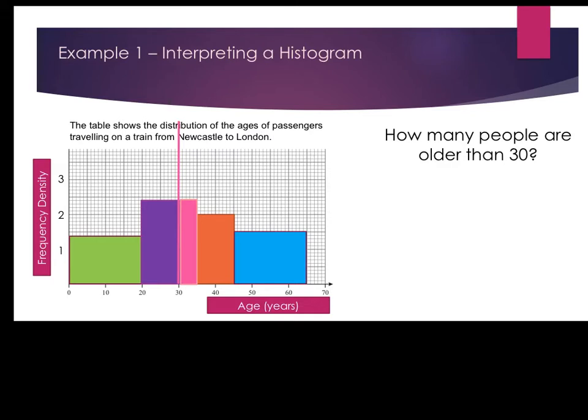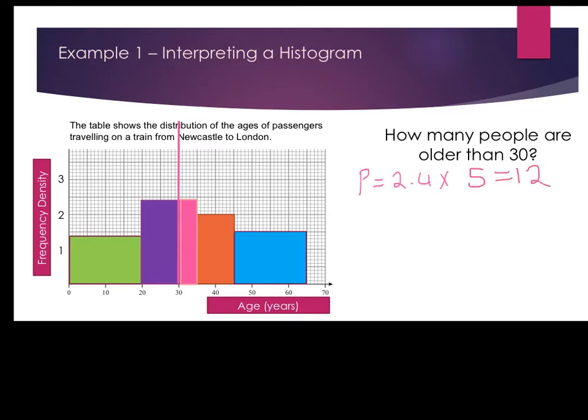Now to do that, it's class width times the frequency density. So I'm going to do 2.4, which is the frequency density, times by the class width, which is 5, 30 to 35. So pink equals 2.4 times 5, which gets us 12.